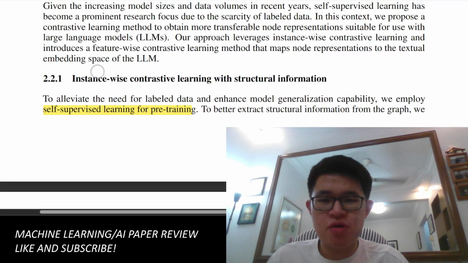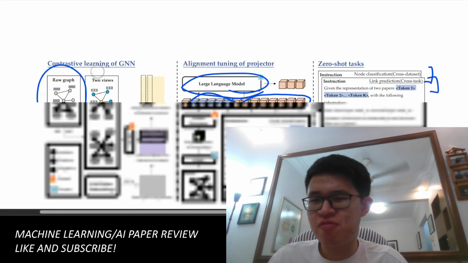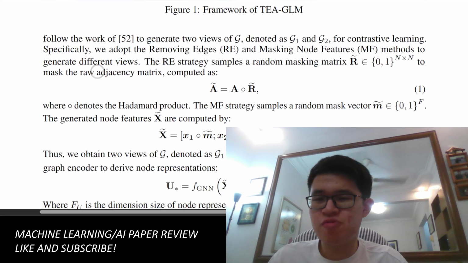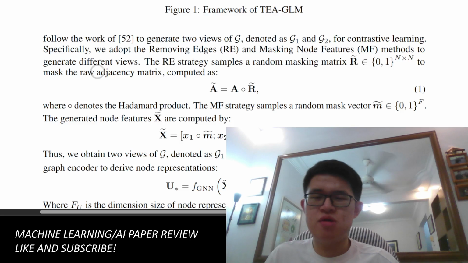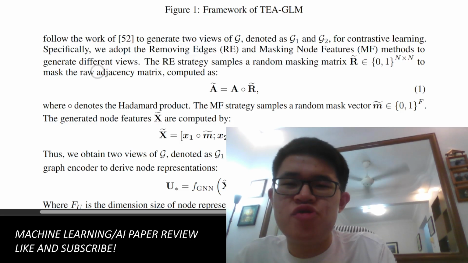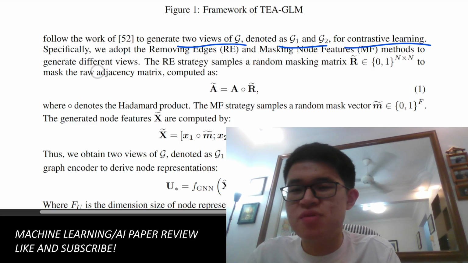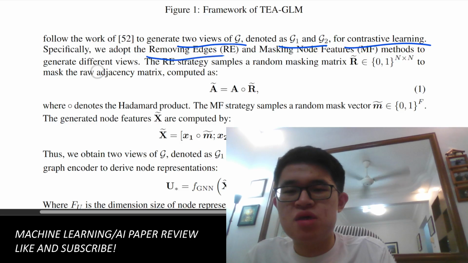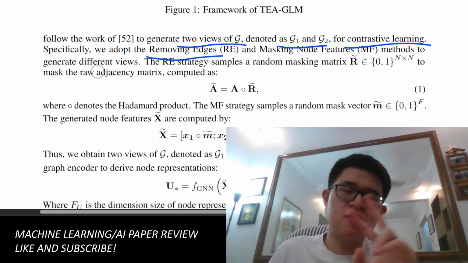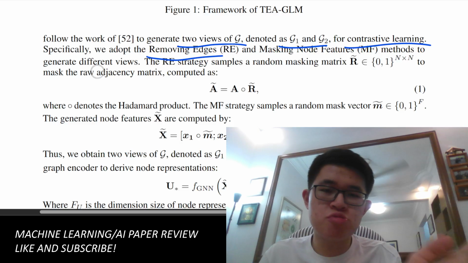To better extract structural information from the graph, we follow the work of a previous paper to generate 2 different views of the graph, G1 and G2, for contrastive learning. They basically do 2 kinds of perturbations to create those 2 different views.